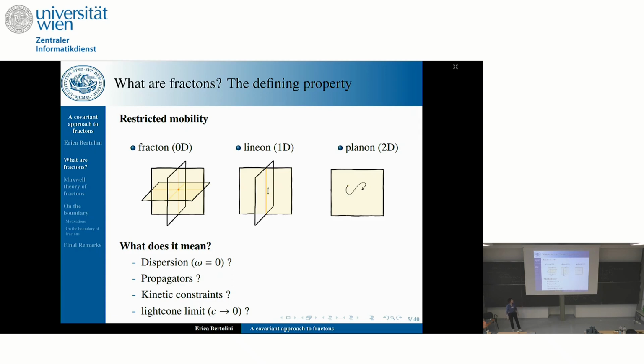Talking to some people, they told me it's about having a zero dispersion relation. From a quantum field theoretical point of view, one could think of having trivial propagators, but also some kind of kinetic constraints on the motion, or taking the light cone limit for Carrollian particles.